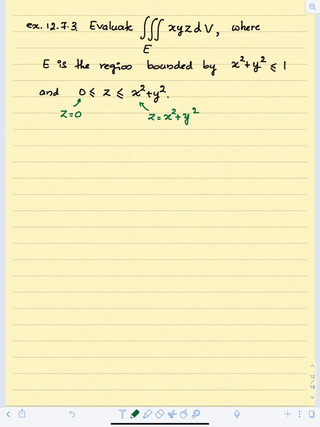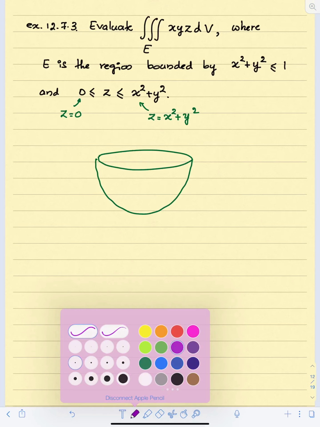Okay, so you should get this. This is your paraboloid, like this, and then we have a cylinder.